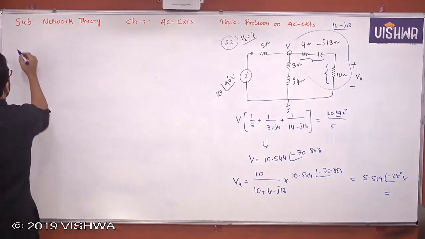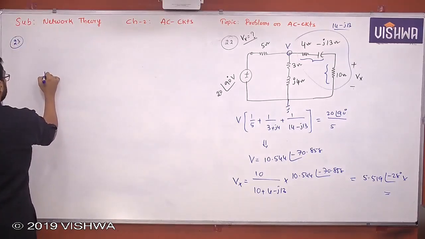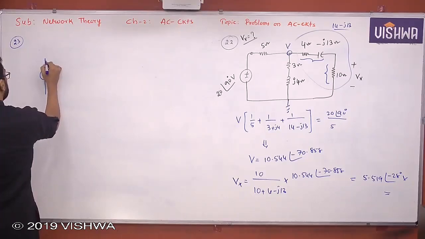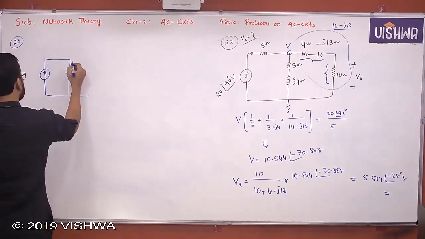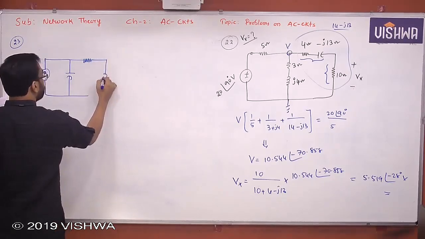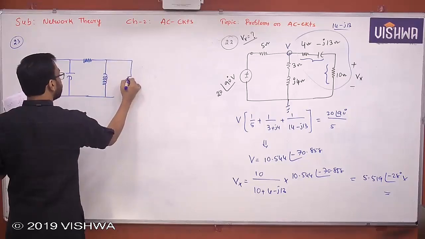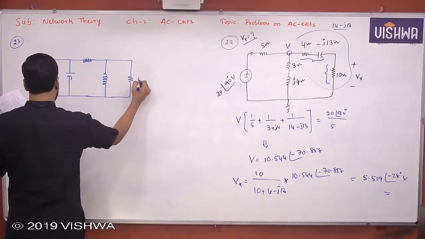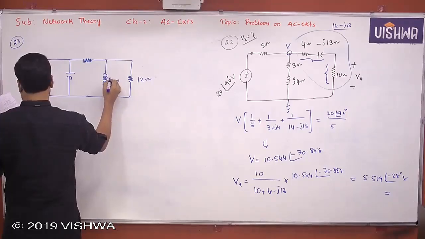Meanwhile, I'll take another problem here. Problem 23. Let's take another problem. This is 12 ohm. This is j6 ohm.